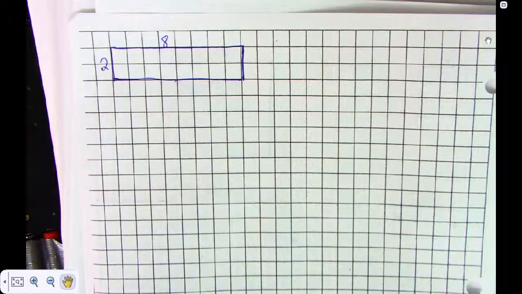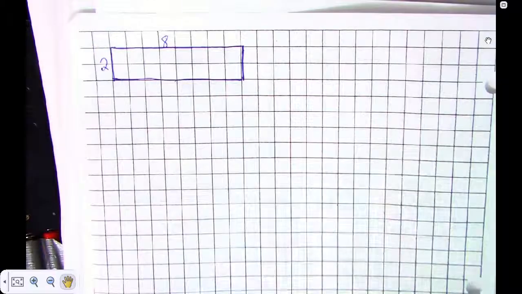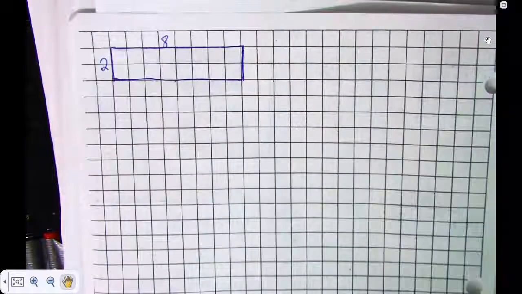We're making similar figures. The sides are proportional, correct? They're not congruent, they're proportional, corresponding sides. But I'm not putting them on a coordinate grid today. You can put them on a coordinate grid, or you can just draw it beside it on paper.